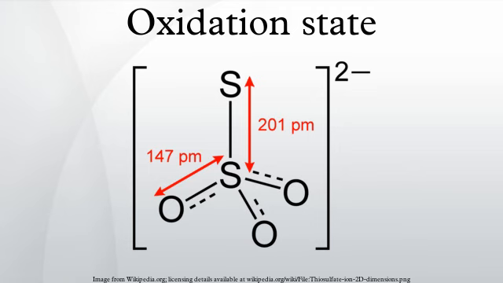Hydrogen has an oxidation state of +1 and oxygen has an oxidation state of -2 when they are present in most compounds. Exceptions to this are that hydrogen has an oxidation state of -1 in hydrides of active metals, for example LiH, and oxygen has an oxidation state of -1 in peroxides, for example H2O2.